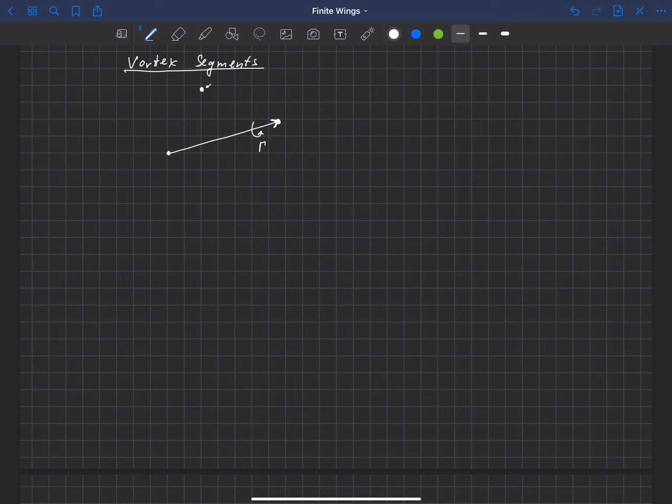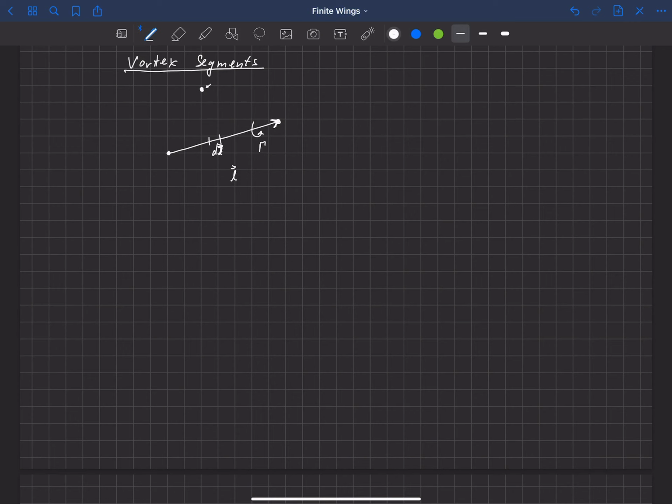So let's make a couple different definitions here. We're going to say that L is this vector that defines this segment, and we're going to divide this segment up into little pieces, and we're going to call those dL. Those are our small vector segments.